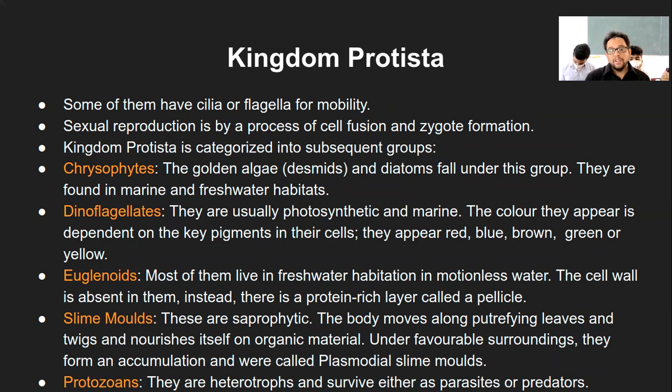Sexual reproduction is by a process of cell fusion and zygote formation. So that is a typical mechanism of sexual reproduction, like what you know of in humans or even in flowering plants. Something similar happens in kingdom Protista as well. That does not mean they will always produce egg and sperm.